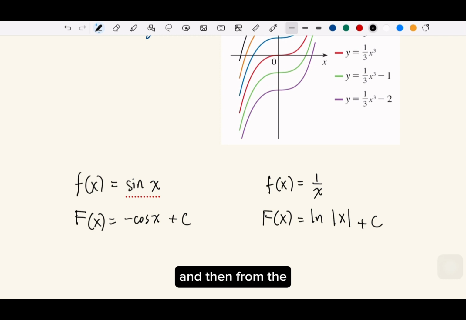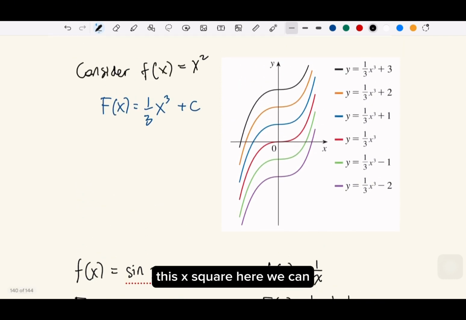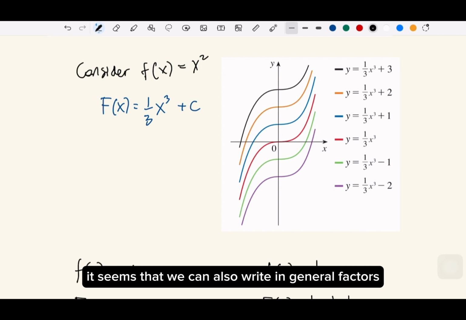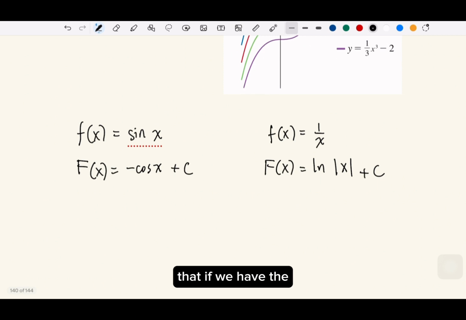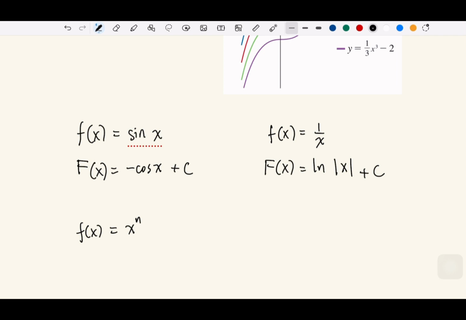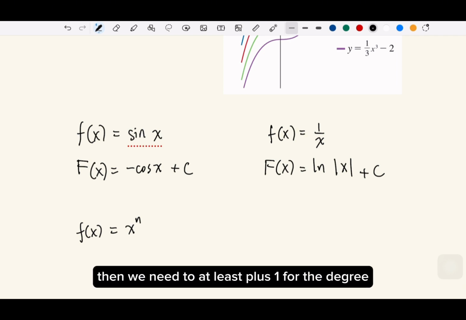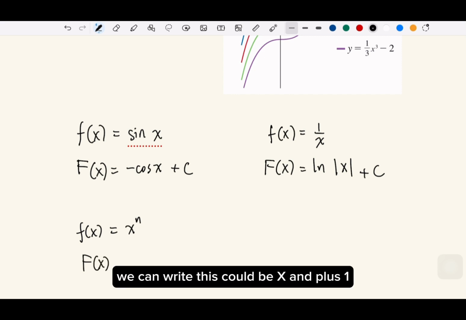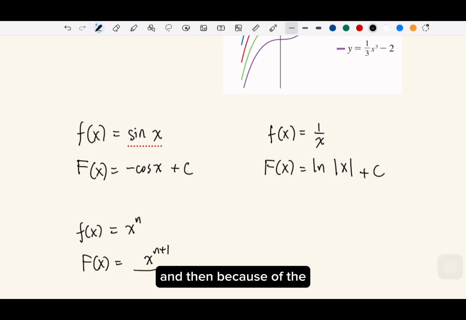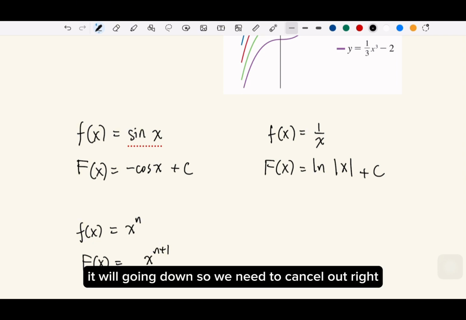And then from this x squared here, it seems that we can also write in general patterns that if we have x with power of n, then to make this happen, we need to add 1 to the degree, right? So in general, this could be x to the n plus 1, and because it will go down when we derive, we need to cancel it out.